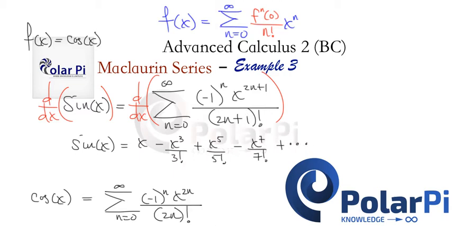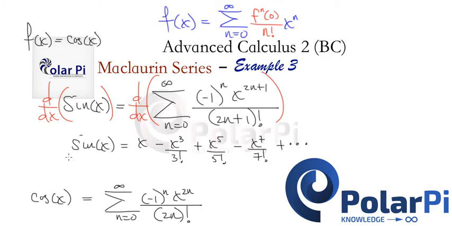So if you had trouble seeing how taking the derivative of this works, you can just take the derivative term by term and see that you'll get the same Maclaurin series that I claimed for cosine, which is what I just circled down here.